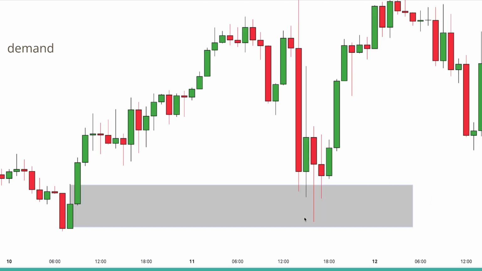The same thing is applicable to the demand zone. This is drawn from an order block, and so we have price dropped back, filled the fair value gap here. You see the fair value gap here, and then tapped into the order block and then went high up.